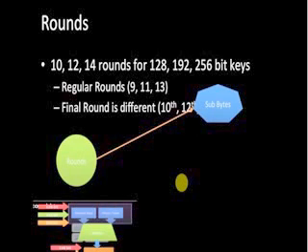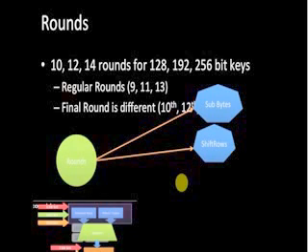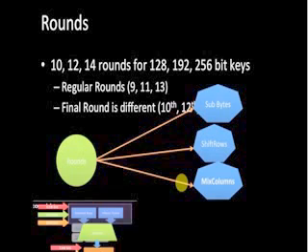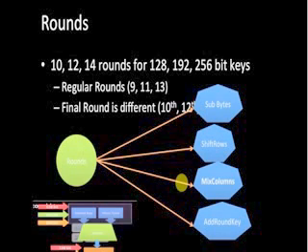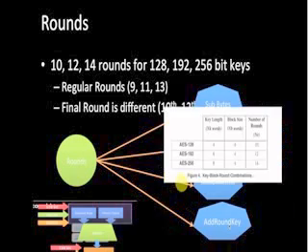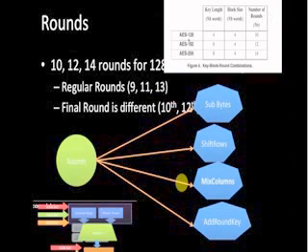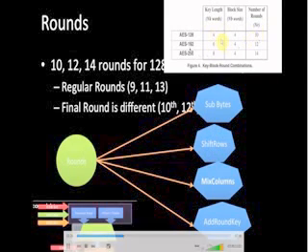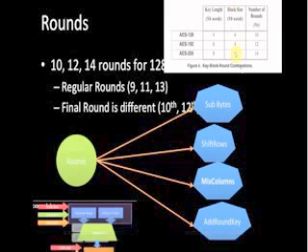Each round will contain the four operations: SubBytes, ShiftRows, MixColumns, and AddRoundKey. In AES-128 the key length is 4 words, the block size is 4 words, and the number of rounds is 10. In AES-256 the key length is 8 words, the number of rounds is 14, and the block size is 4.